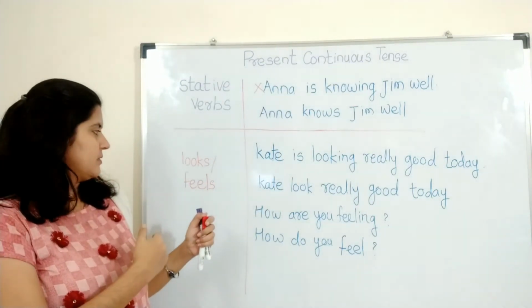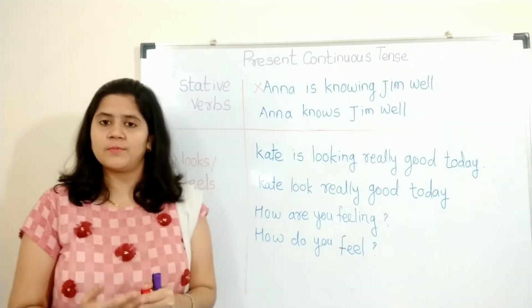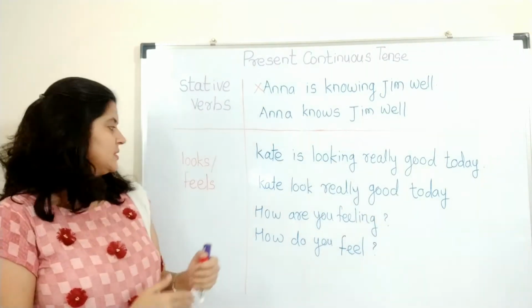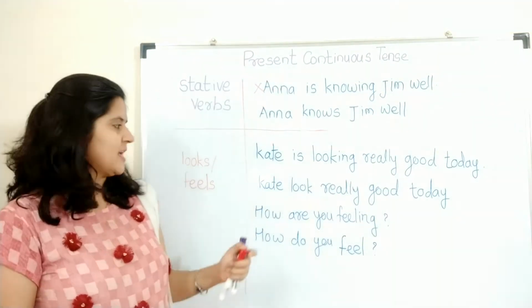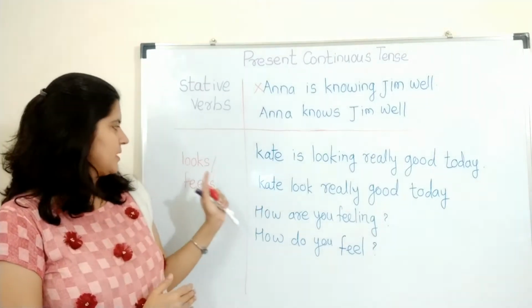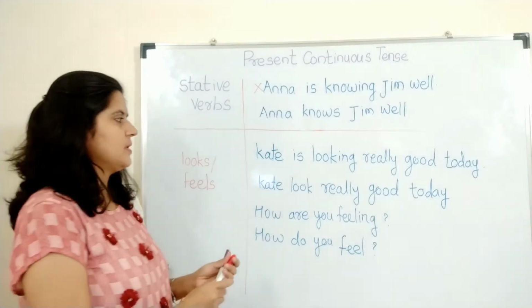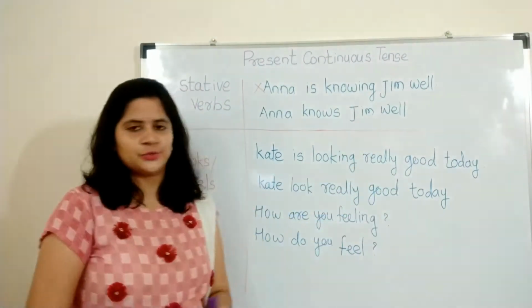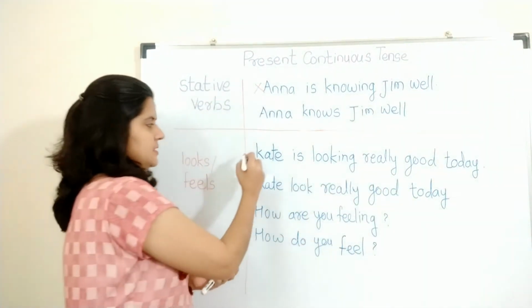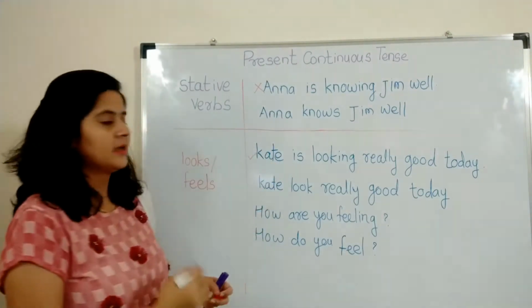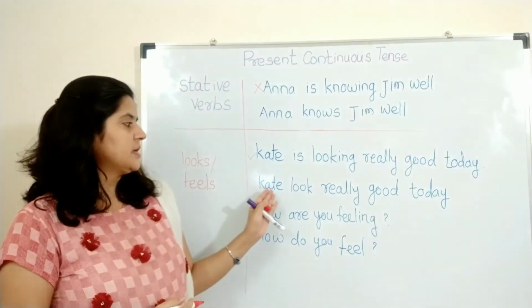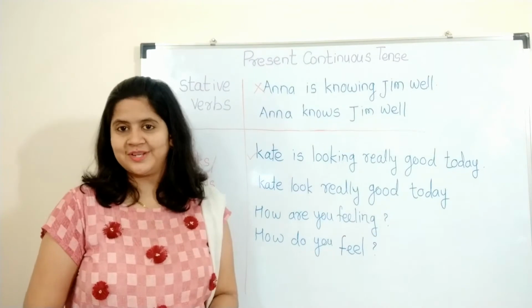Then, sometimes we have to talk about someone's look, someone's feelings. That time we can use words like looking, feeling. For example, Kate is looking really good today. This is also correct. And we can also say Kate looks really good today.